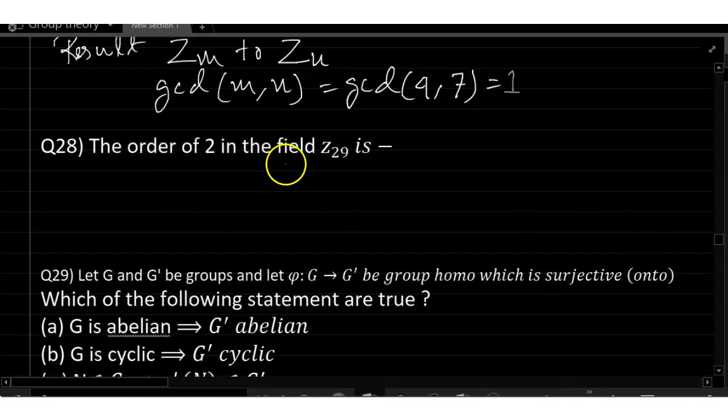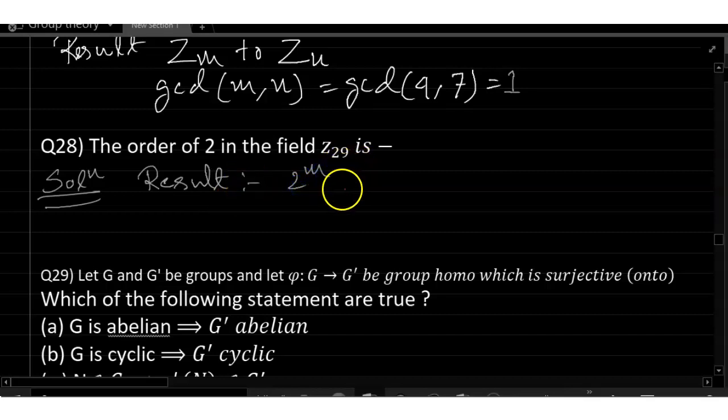Next. The order of 2 in the field Z29. Result: the order is the smallest m such that 2 to the power m is equivalent to 1 mod 29.